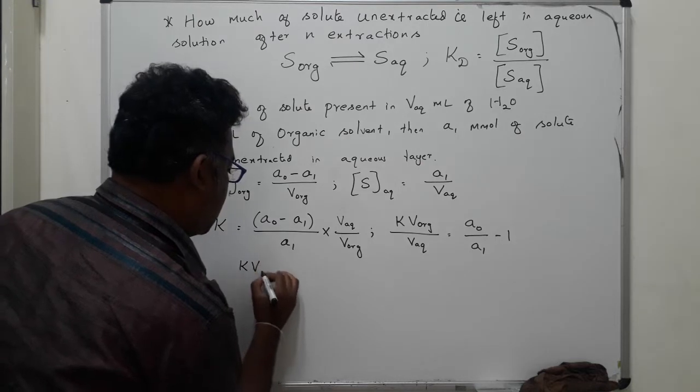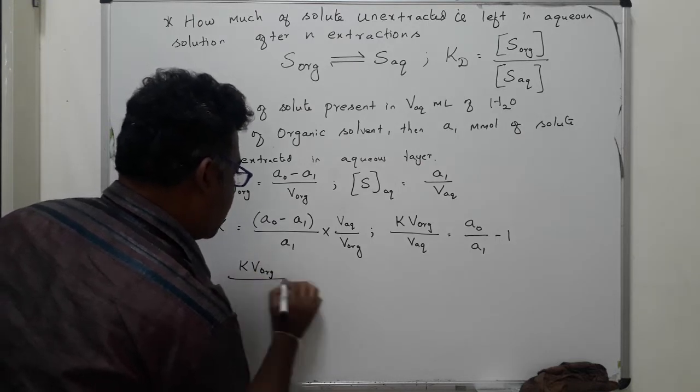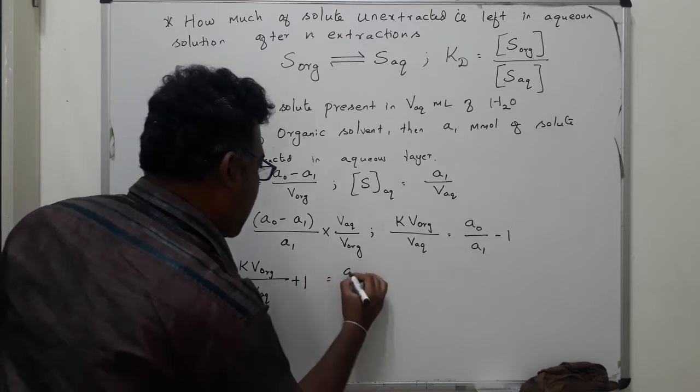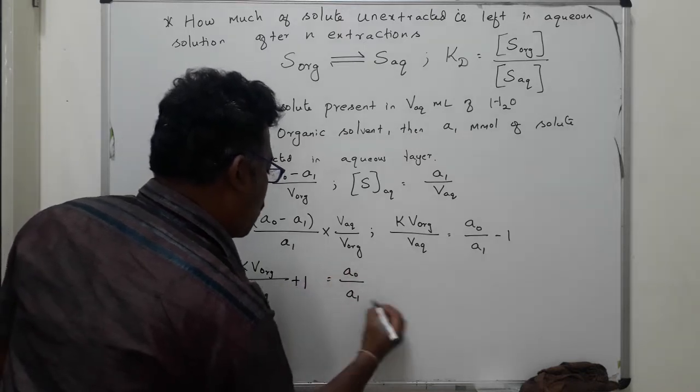K V R divided by V aqueous plus 1, which is equal to A0 by A1.